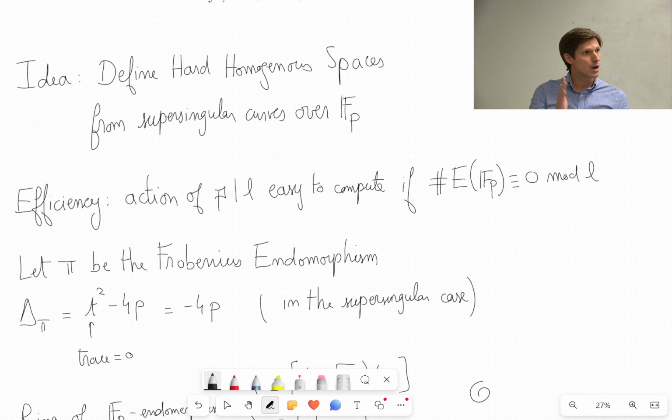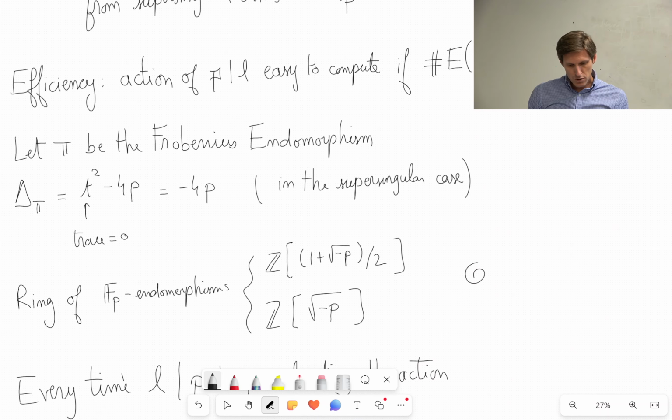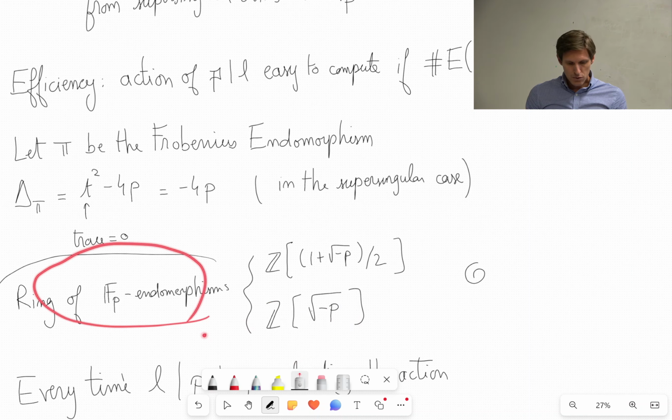Okay, so you're going to use prime ideals that are above some rational primes. And in this case, you're going to restrict here to the ring of F_p endomorphisms.